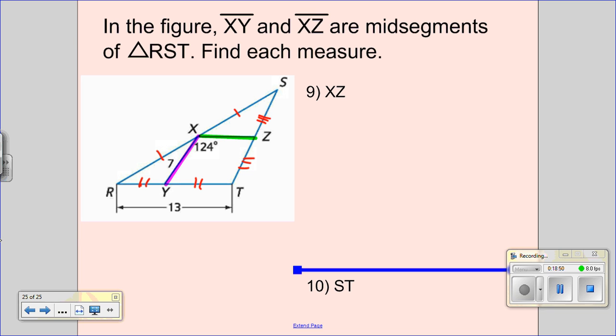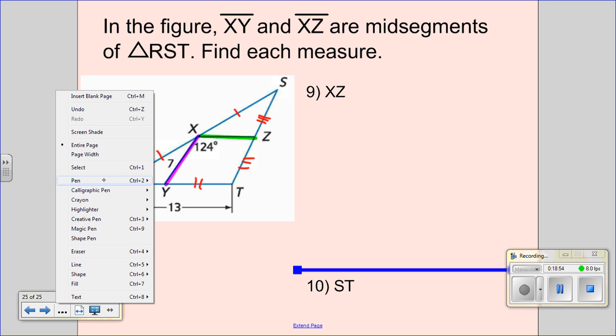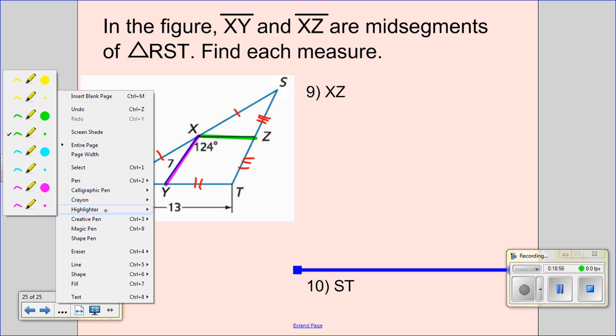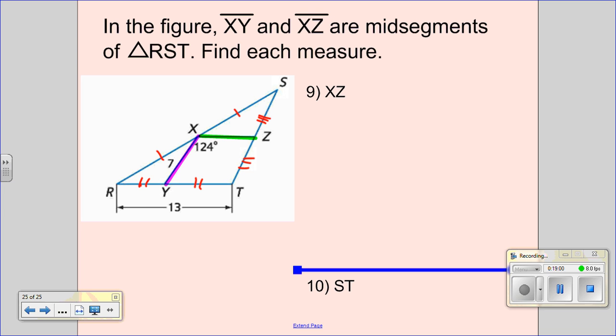Now, if you look at the picture very carefully, I'm given the distance from R to T. It's 13. And XZ is parallel to RT.